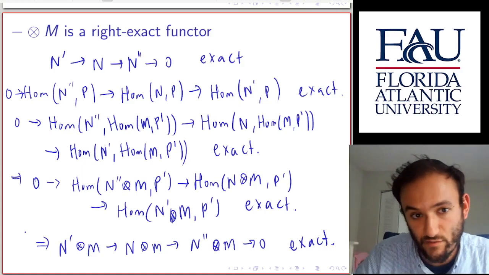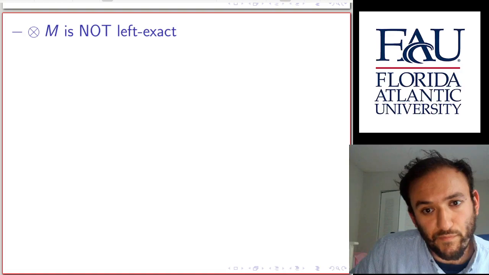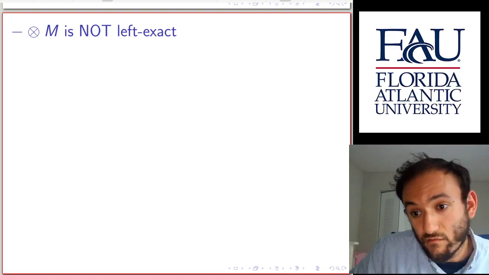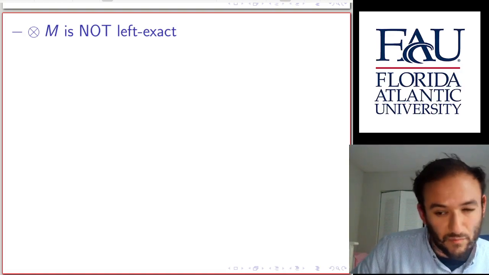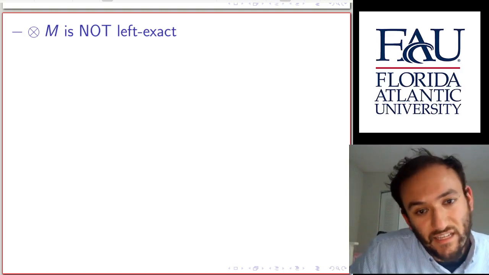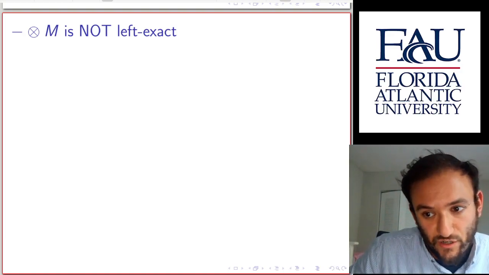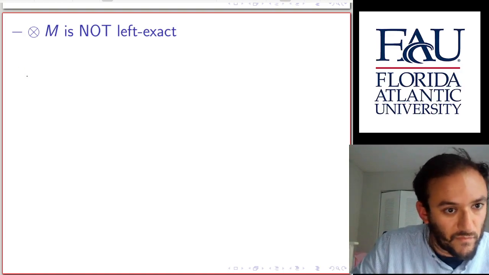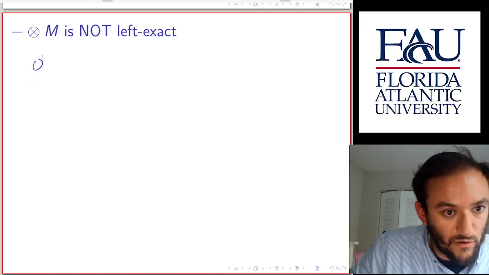So that tensor is a right exact functor. You can derive, using a similar counterexample as we found with hom, that tensor with M is not a left exact functor, even though it is a right exact functor, as follows.